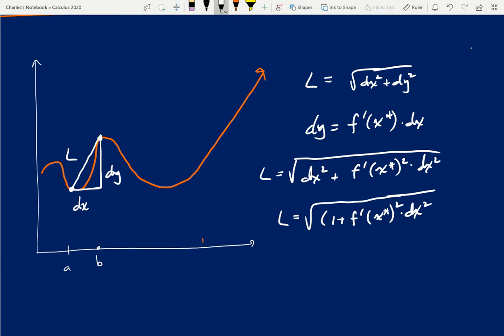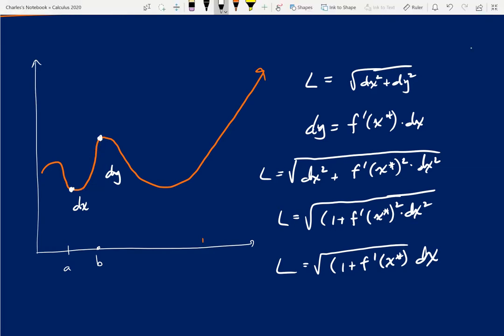And actually the square root of dx squared is just dx, so now I could call this the length is equal to the square root of 1 plus f prime of whatever that magical x star is, where the tangent line is parallel to the average slope, times dx.